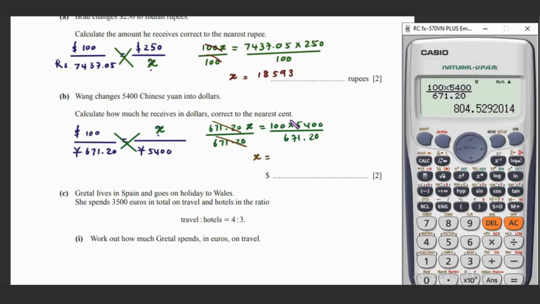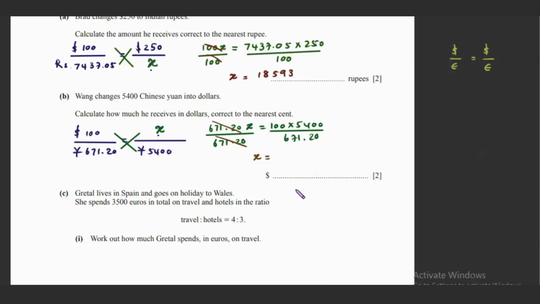That's going to be correct to 2 decimal places. So in that case, it's going to be 804.53, and this is going to be in dollars. So $804.53. This is what we get.